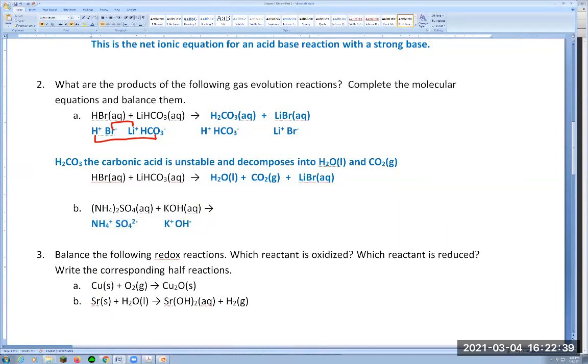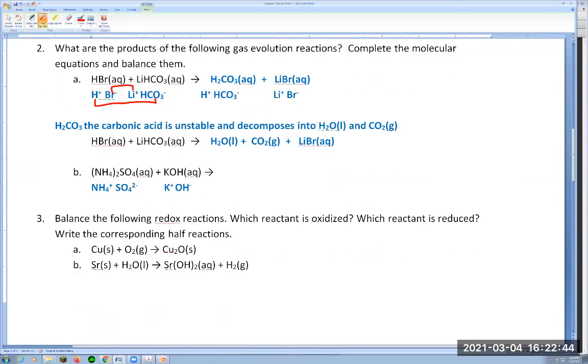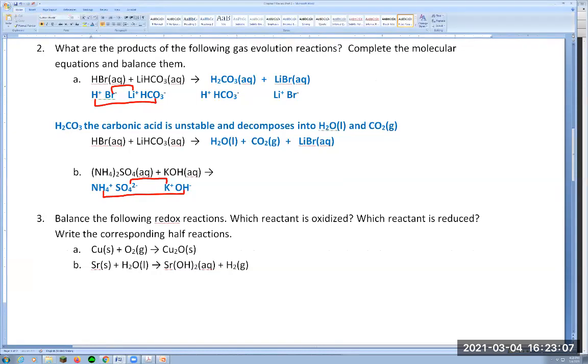So we have this mixture of ions, which means the ions can exchange partners instead of mingling with the ammonium with the sulfate. The ammonium can decide to go with the hydroxide, the other negative ion in there. And then the sulfate can decide to go with the potassium, the other positive ion there. So that means we can have these new products by doing these new combinations.